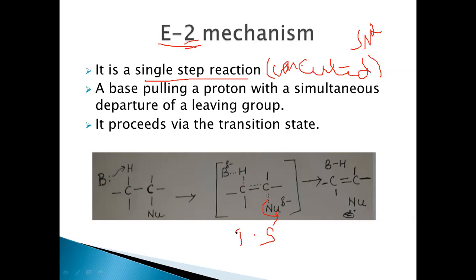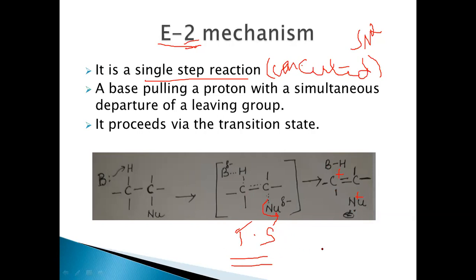The transition state cannot be isolated like an intermediate, and the reaction results in the formation of an alkene, plus the nucleophile, plus the protonated base. Yes, the base is abstracting a proton, and the nucleophile is leaving the molecule at the same time.